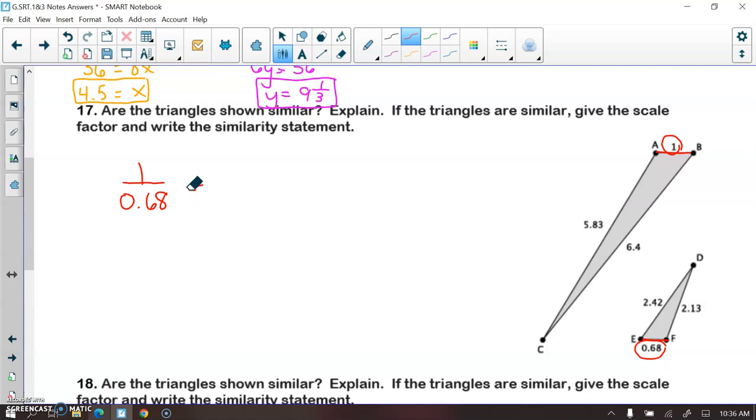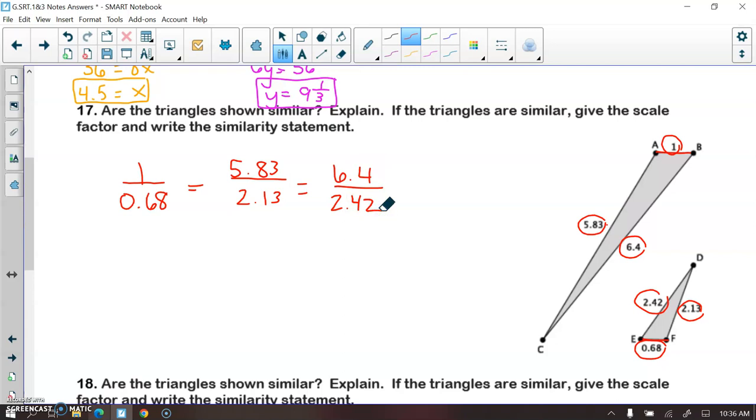Now I need to identify the next pair. So it would be the 5.83 and the 2.13. And does that equal the last pair of corresponding side lengths, which would be 6.4 over a 2.42.